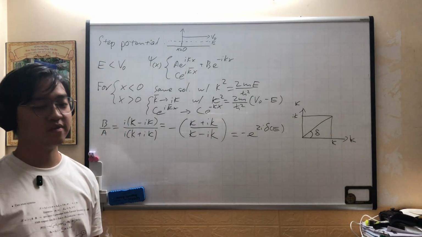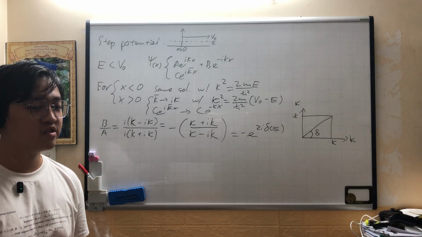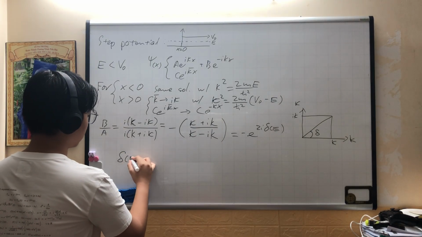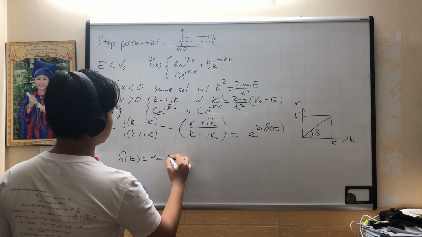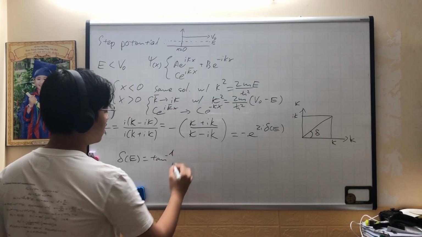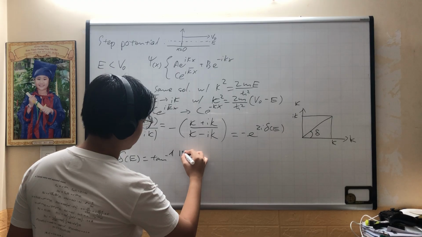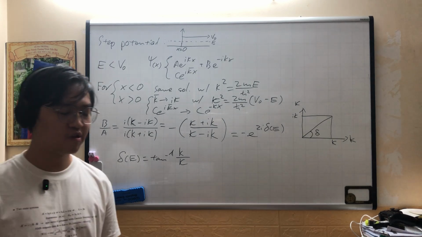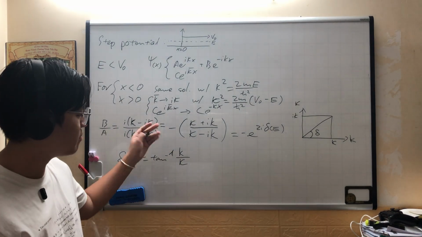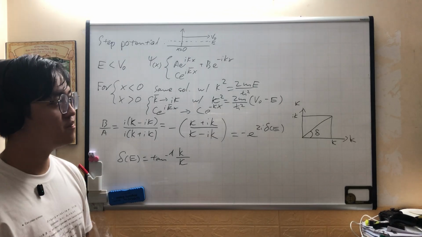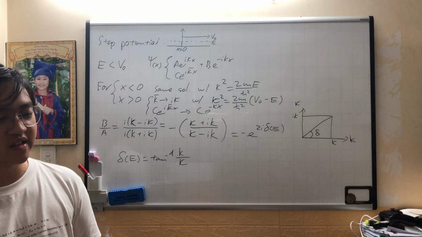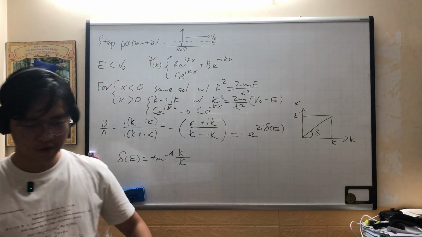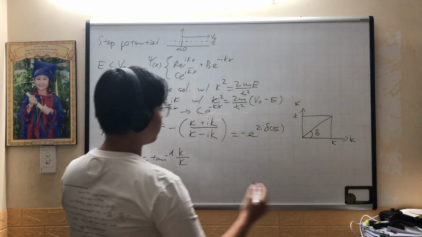So you can sort of visualize that already. This will let you calculate the tangent, or in this case, we would take the tan inverse of k over kappa. Some people usually take kappa over k. The change here would be that when they plot the function of delta and E, it would look inverted.